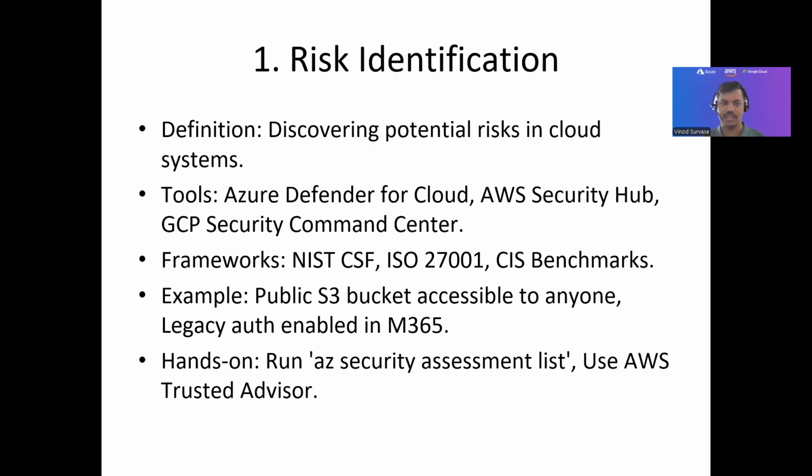And something like legacy authentication enabled across Microsoft 365, where if legacy protocols are accessible, wherever it is integrated in the system, that may lead to a situation where the application gets access to bad actors and they simply get into the systems and do unwanted things, right?